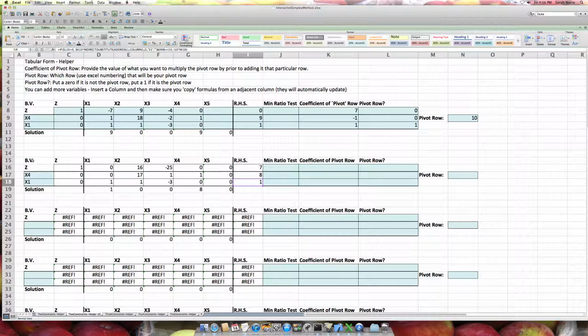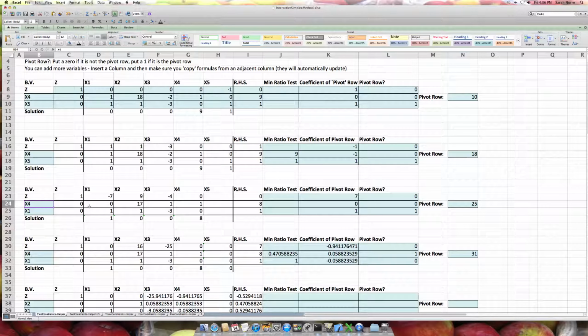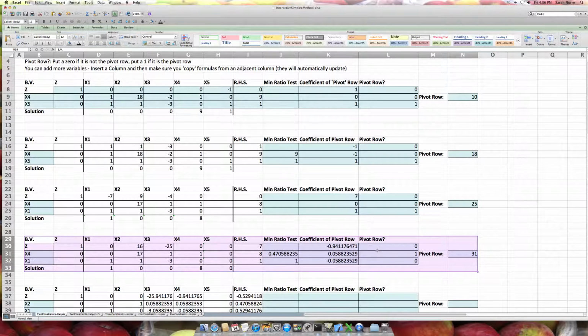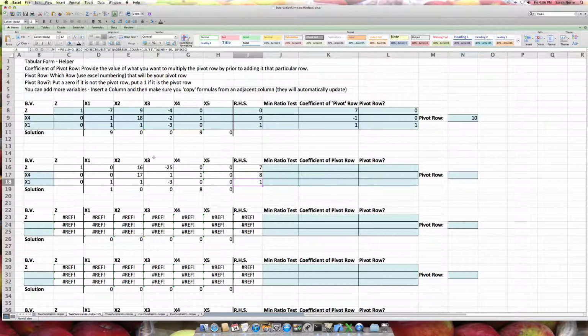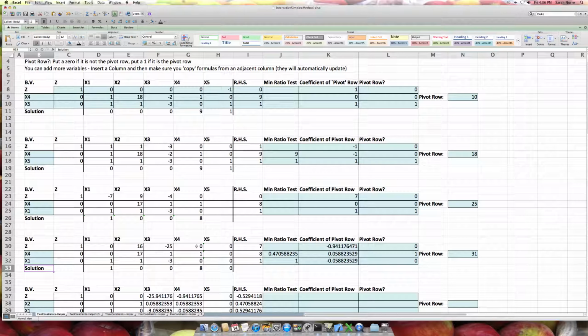And you'll notice that this tableau here is exactly equal to this tableau here. Forget the min ratio test and others. So once you get there, you just continue with Cplex with this objective function. You would pivot on x2 like we did over here and solve it according to that.